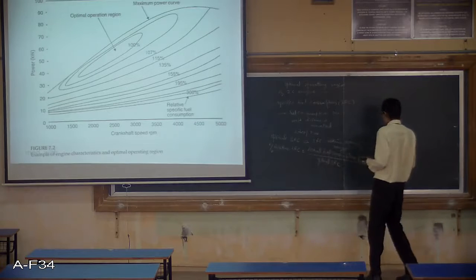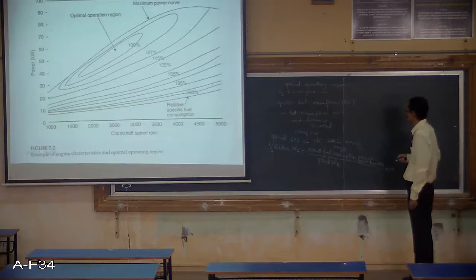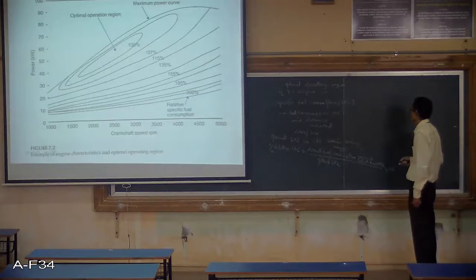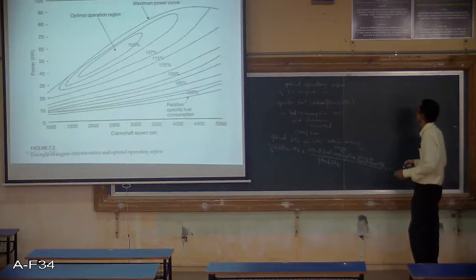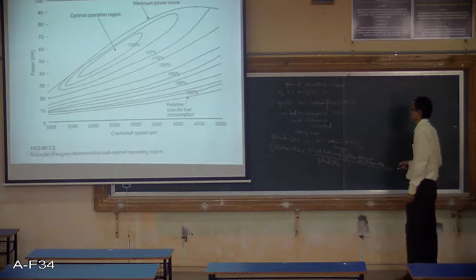So for this, now relative specific fuel consumption, this is calculated with reference to this formula, which is the actual fuel consumption per unit distance traveled divided by optimal specific fuel consumption. Okay, so here this is multiplied by 100, so you get percentage value.